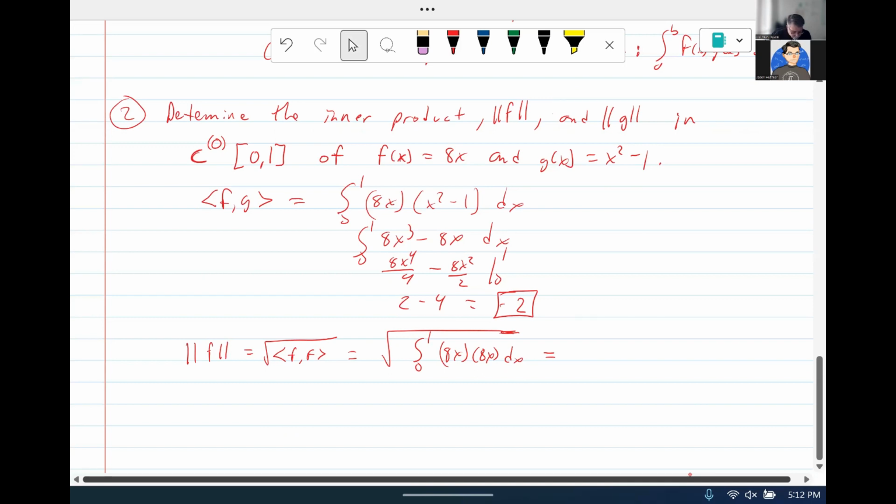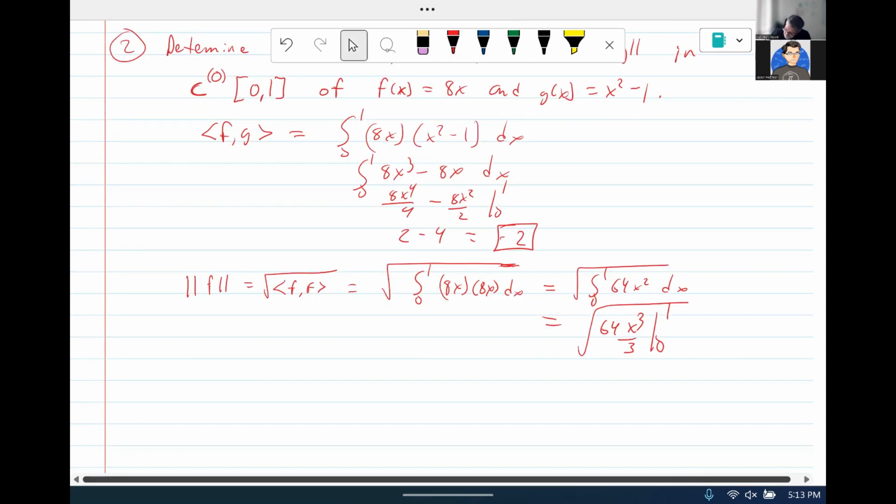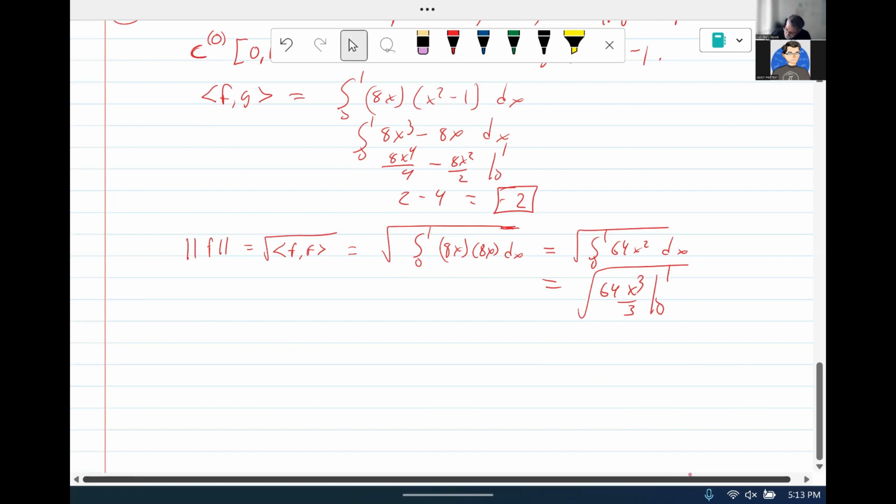Okay, this is equal to the square root of the integral from 0 to 1 of 64x squared dx, which is going to be equal to the square root of 64x cubed over 3 evaluated from 0 to 1, which is just 64 thirds.